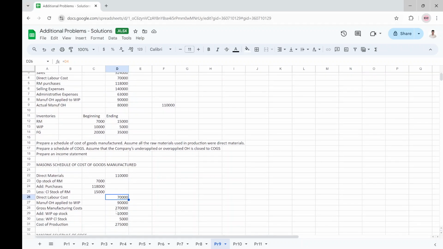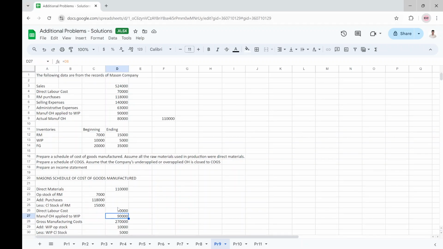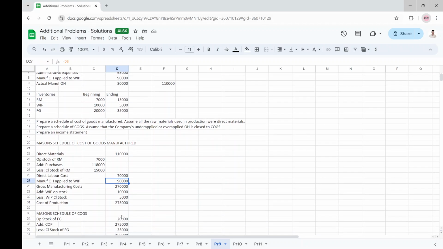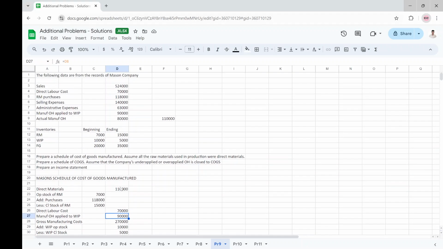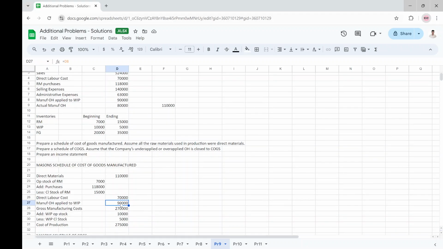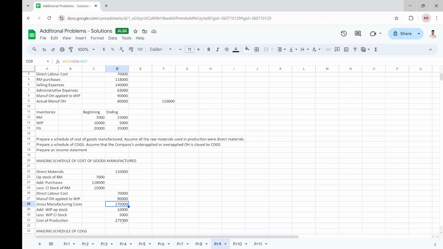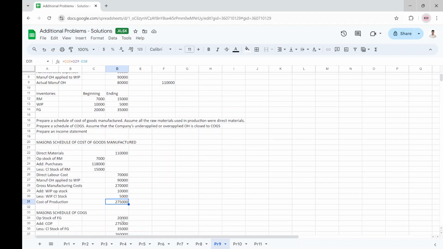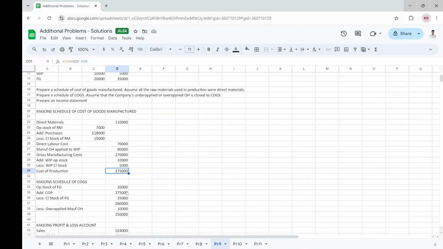After that, direct labor cost, manufacturing overhead applied to WIP. It's basically the same as the last one. Gross manufacturing cost we will get by adding all three, then add WIP less closing, get cost of production, then finished goods, add minus the closing, you'll get whatever the value.